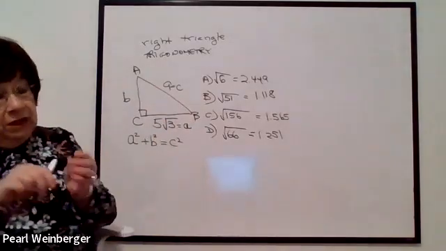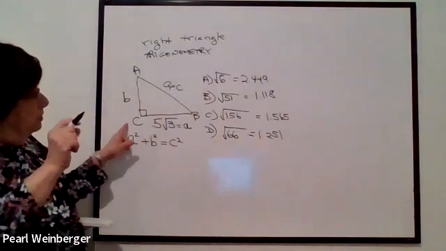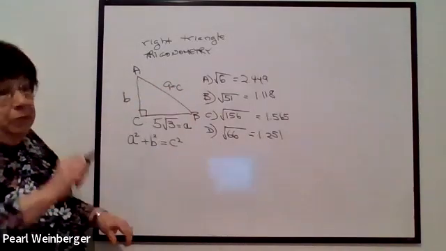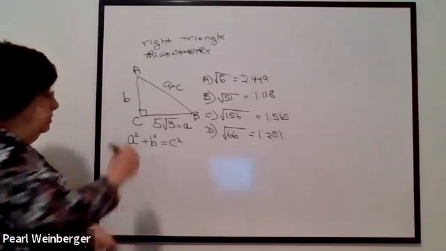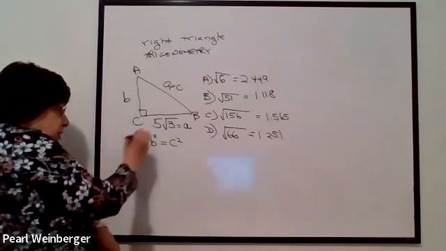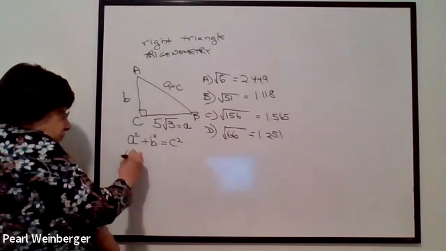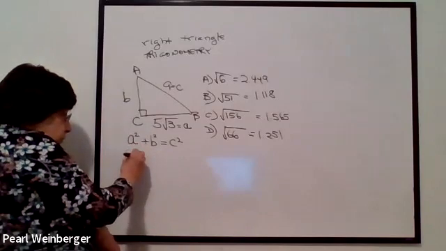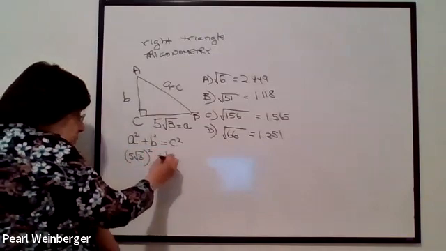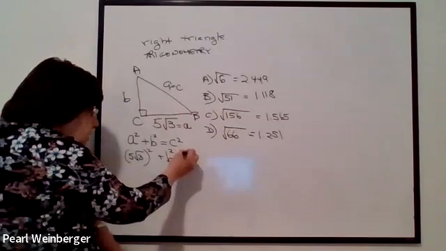Very important to keep in mind that the side opposite the right angle is the hypotenuse. That's what we call the C. So if I put this into the equation, I'm going to get the A, which is 5 times the square root of 3 squared, plus B squared equals C squared, which is 9 squared.